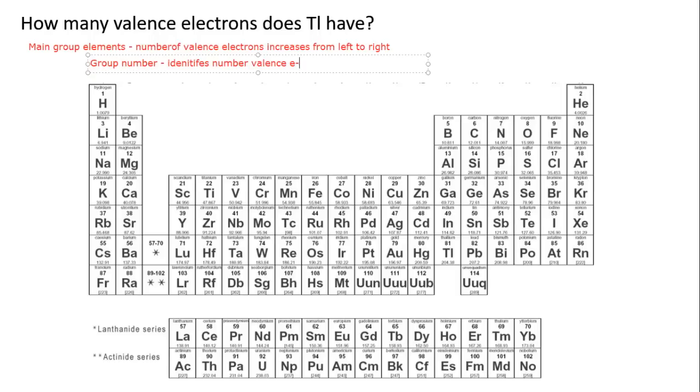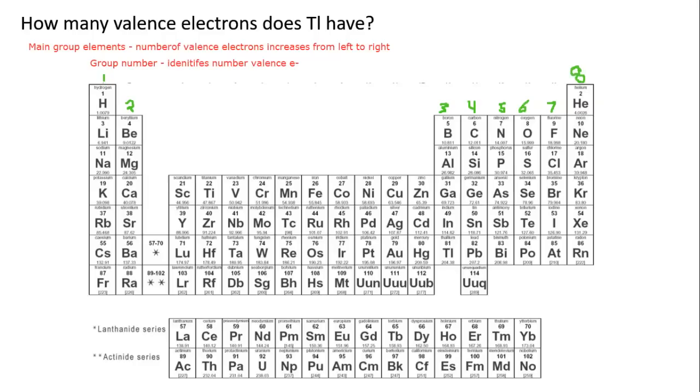So we start with group 1 has 1, group 2, 2 valence electrons, group 13 or 3A, 3 valence electrons, group 14, 4A, 4 valence electrons, group 15 or 5A, 5 valence electrons, group 16 or 6A, 6 valence electrons, group 17 or 7A, 7 valence electrons, and then the noble gases have 8 valence electrons.